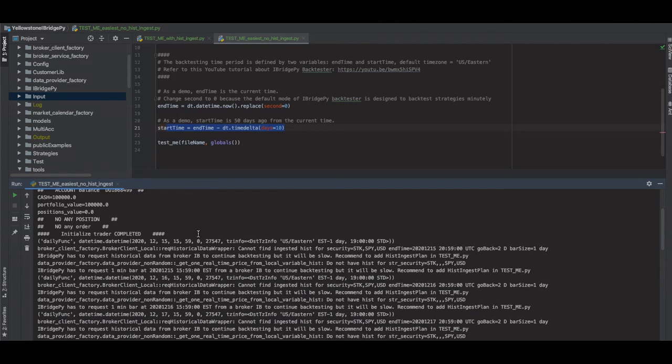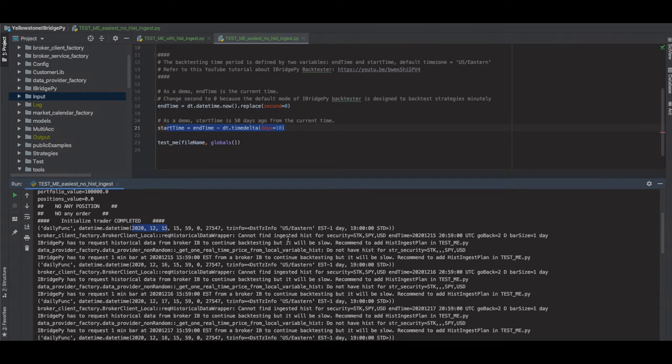So when it starts backtesting, it starts from December 15th to 24th. However, we saw many warning messages saying it cannot find this historical data for this contract.